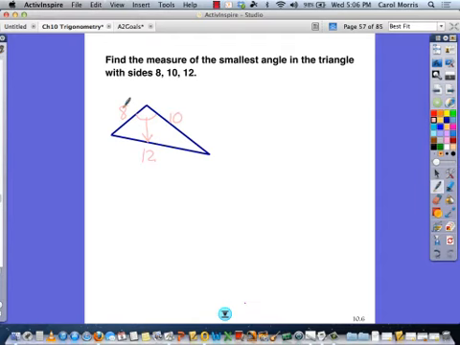So now the other thing we didn't do is name it. So let's go this time A, B, and C. Make it easy. All right, so they said find the measure of the smallest angle in the triangle. So based on that, what are we solving for? Smallest angle would have to be, good job, C. So let's set up the law of cosines, because why?